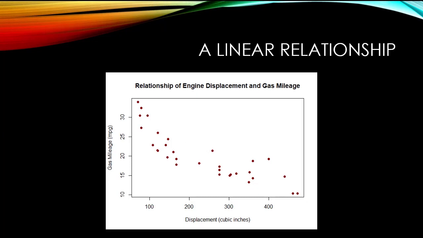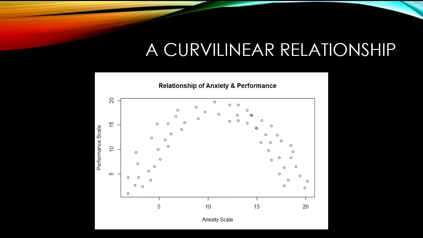To clarify the concept further, let's contrast this with a nonlinear or curvilinear relationship. There's a definite relationship apparent in this scatter plot among the variables anxiety and performance. This relationship helps us to understand how these variables interact.